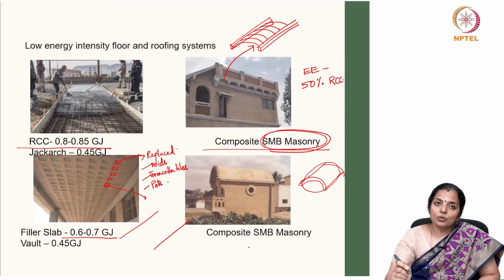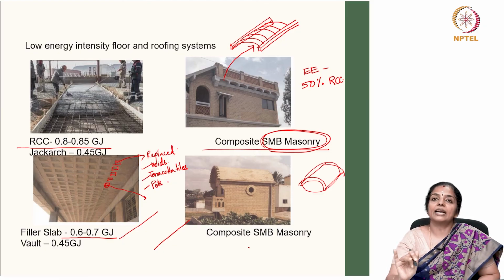So, using appropriate construction techniques in combination to lower embodied energy can reduce dramatically the embodied carbon as well as embodied energy in the system or in the buildings.